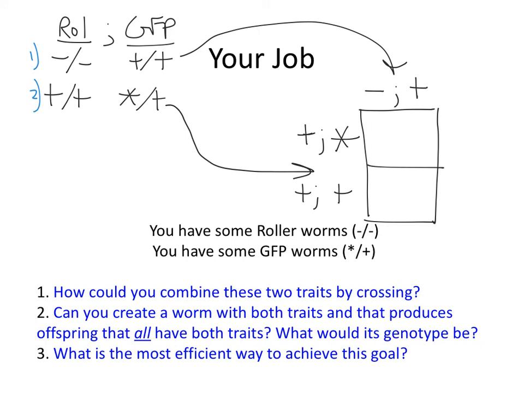So this complicated looking cross turns out to be a 1×2 Punnett square. We have 2 different types of genotypes of offspring.